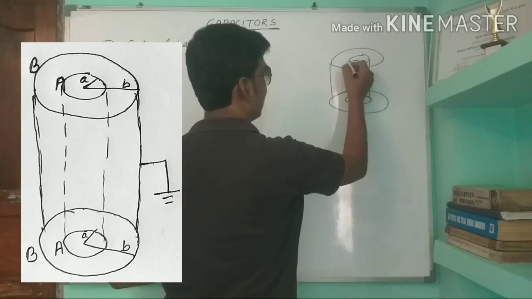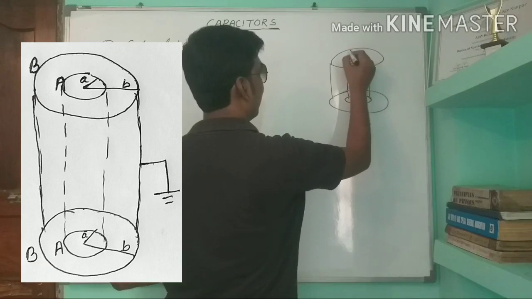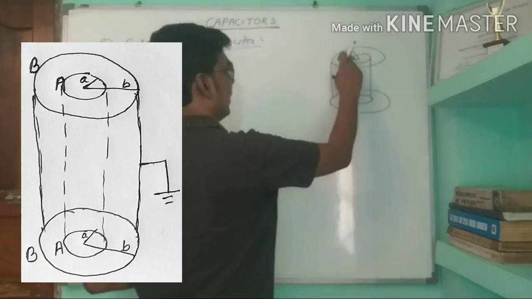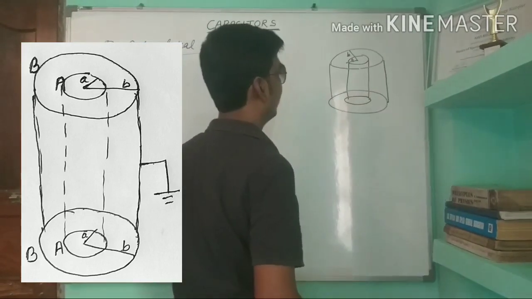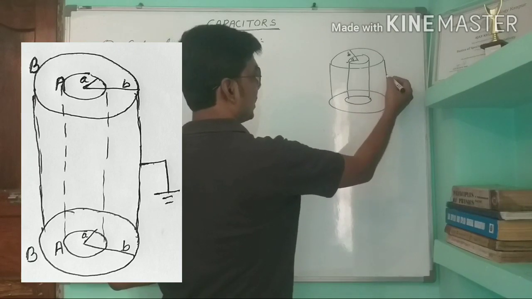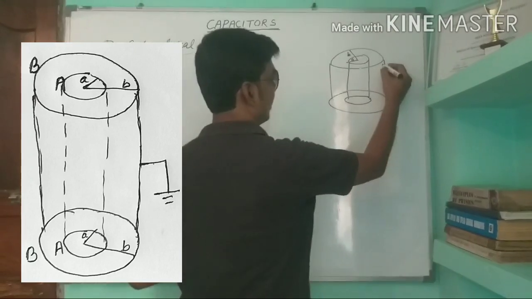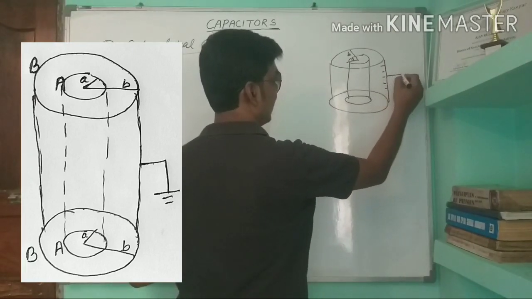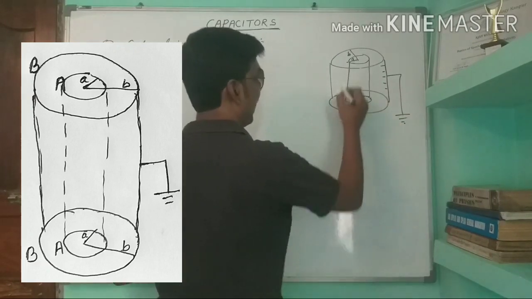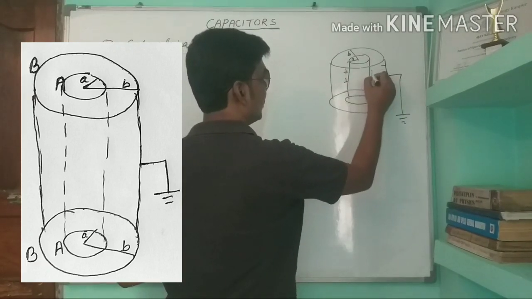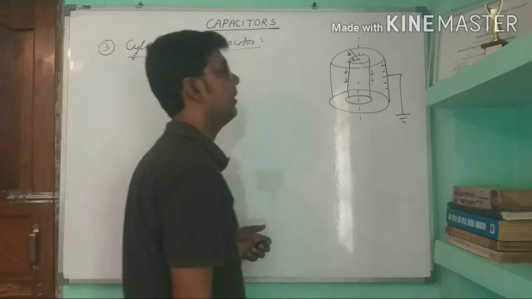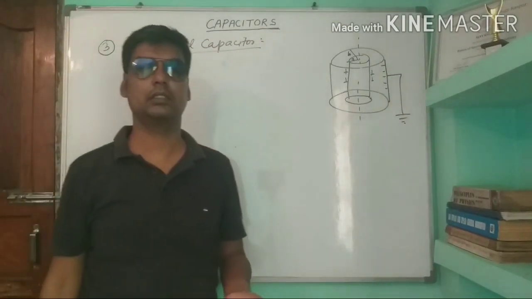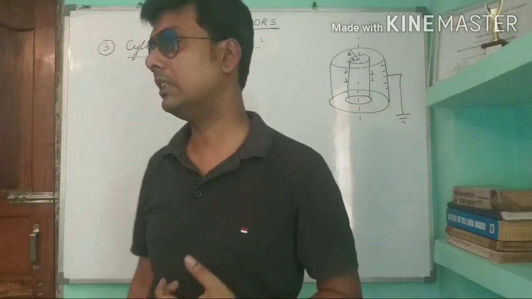This cylinder is of radius A and this cylinder has radius B. The outer cylinder is negatively charged, that means it is earth, and the inner cylinder is positively charged. This is the axis. Both are having the same axis.